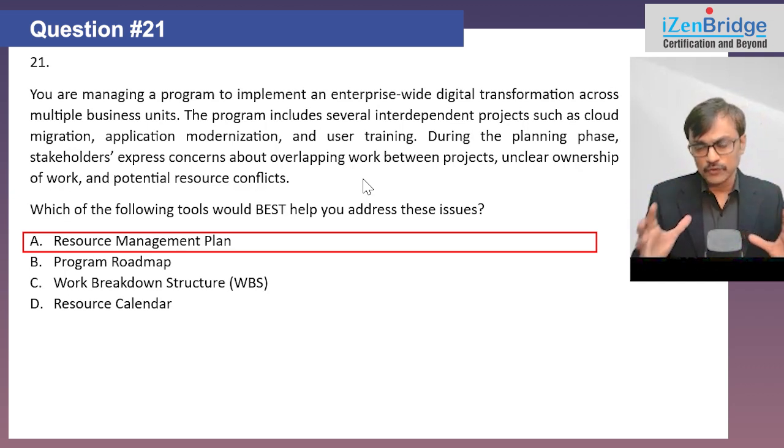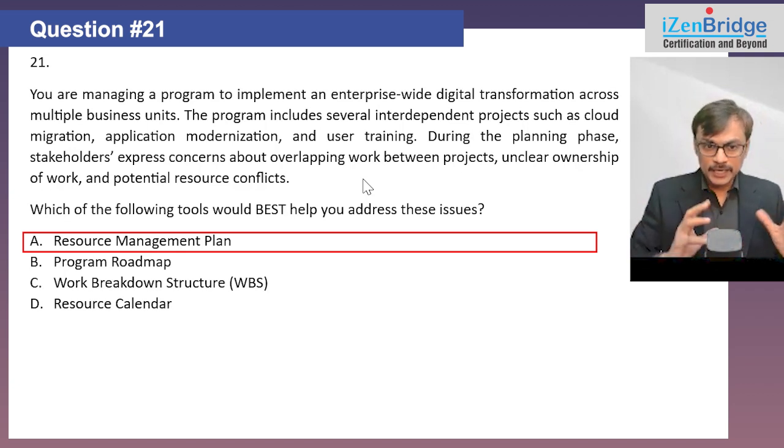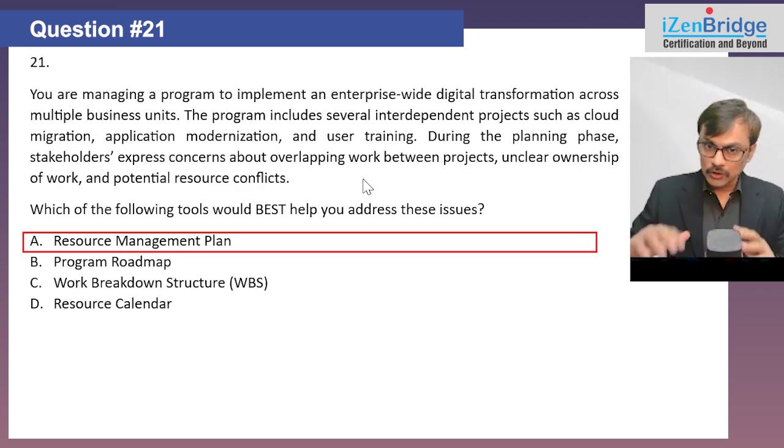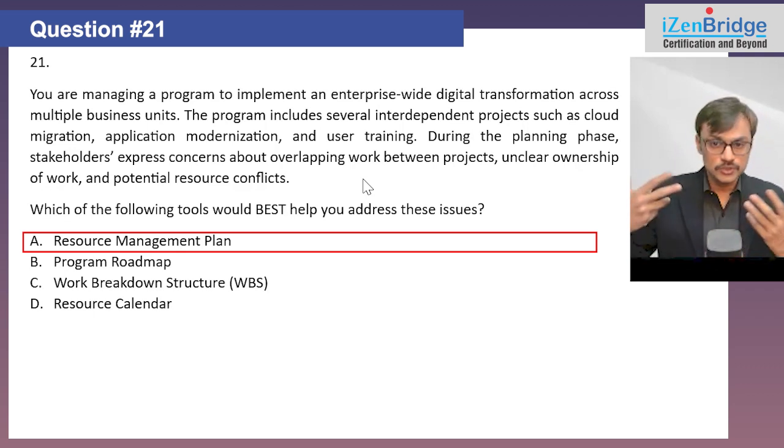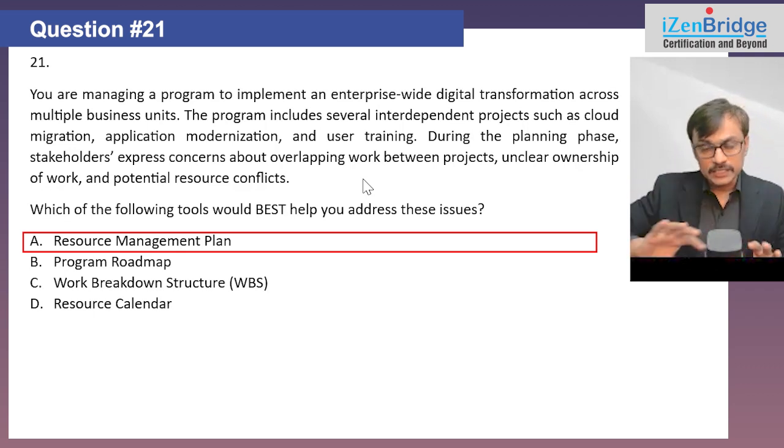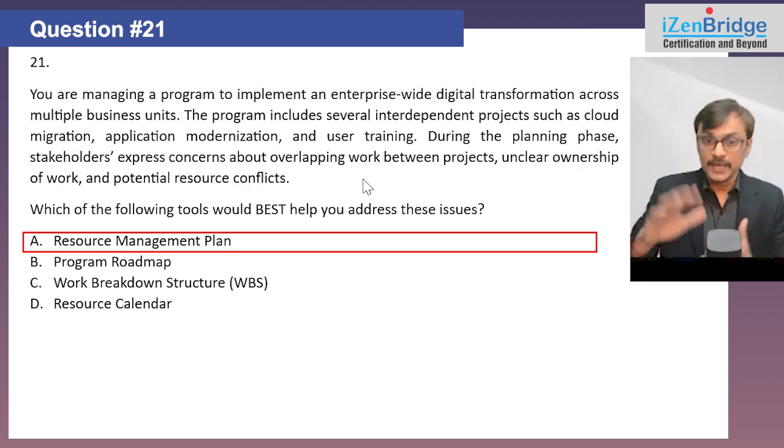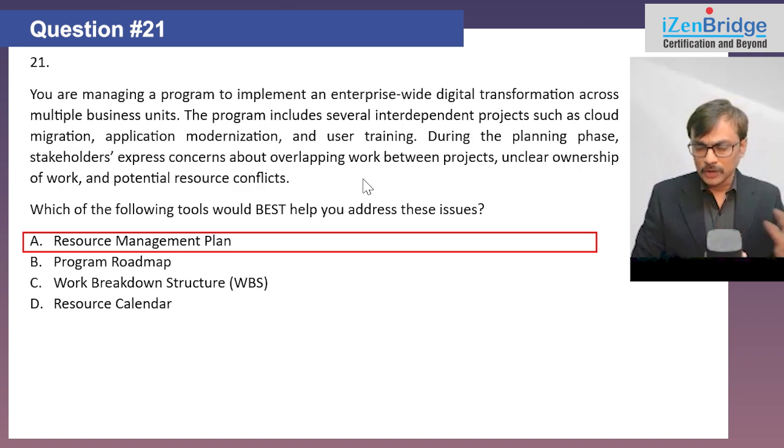That's the major focus of the resource management plan. It may not necessarily get too much detail into ownership of the work. It may have roles and responsibilities of different individuals or groups, but not necessarily a very clear mapping to the work and the person. It may have high level roles and responsibilities. So I find a better option than option A. Let's go with other options first.